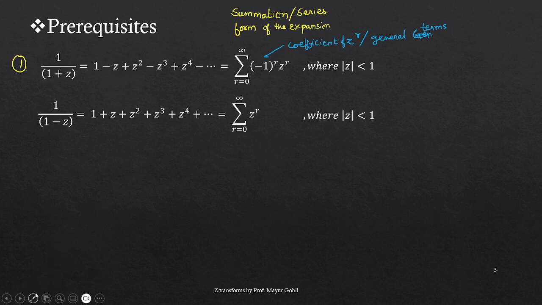The formula says, the second one, it is 1 upon 1 minus z.